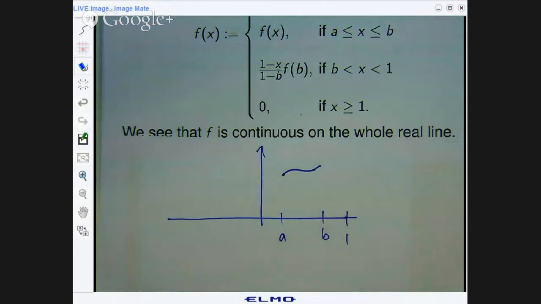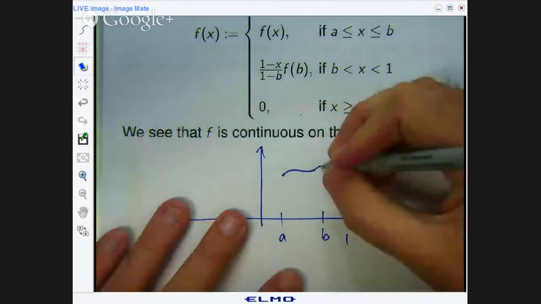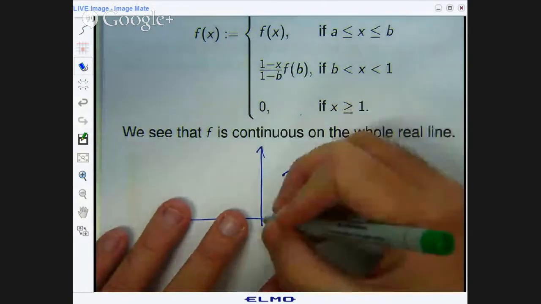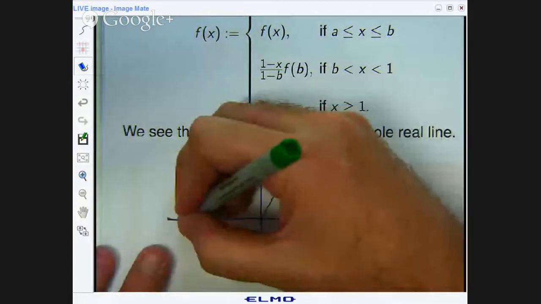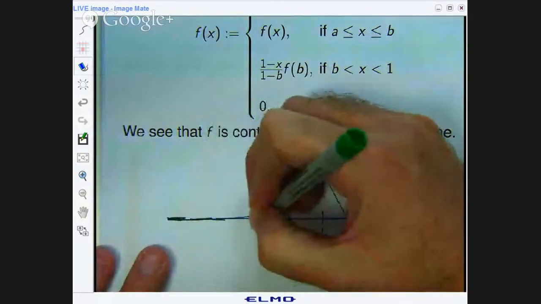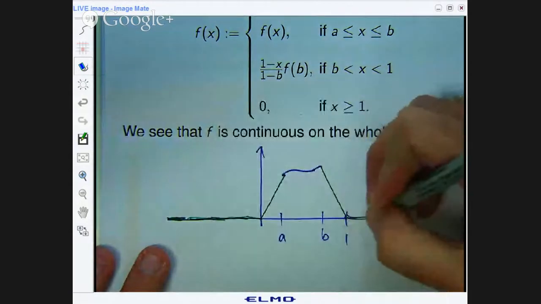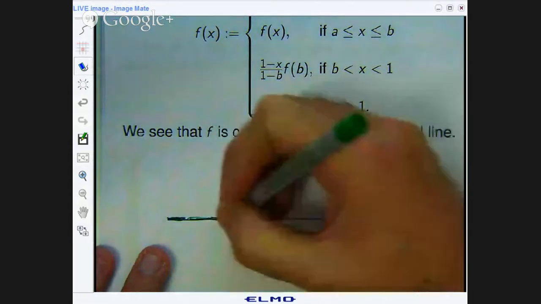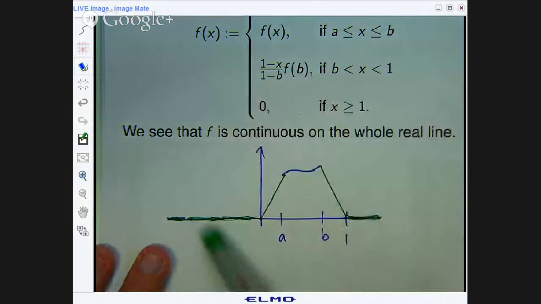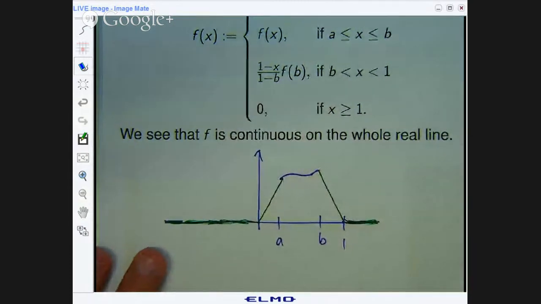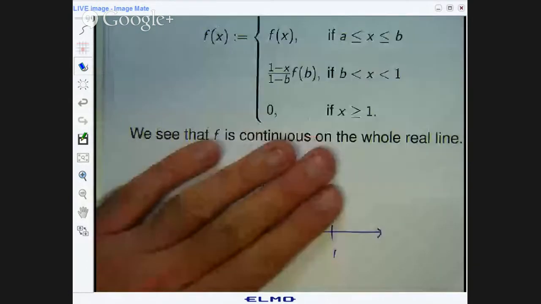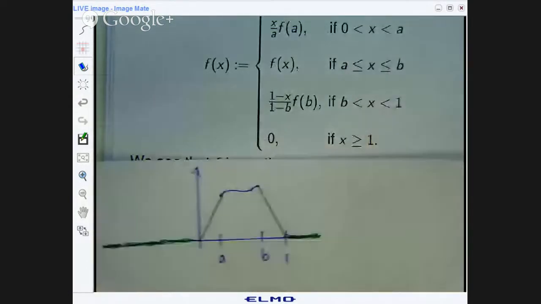So outside of that, you just draw a straight line segment down to 0 at both endpoints, and then outside of that, you make it 0 everywhere. Okay, so that's your function. That's a graph of your function here. All right, so f's continuous on the whole real line. Great.